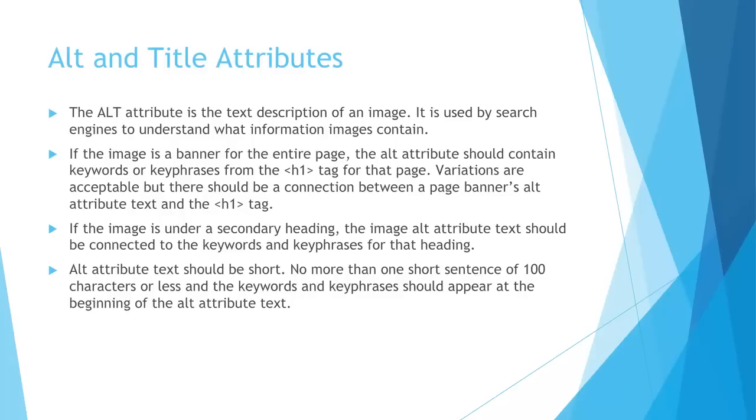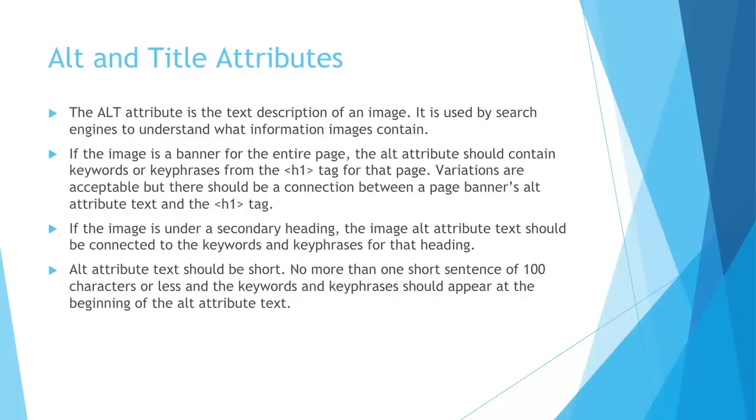Now, if the image in question is the banner for the entire page, the alt attribute should contain keywords and key phrases that correspond with the H1 tag for the page. So again, if it's a banner for the entire page, there needs to be a coordination between the keywords and key phrases that you used in your H1 tag and the keywords and key phrases that you're using in the alt attribute for the banner of your page.